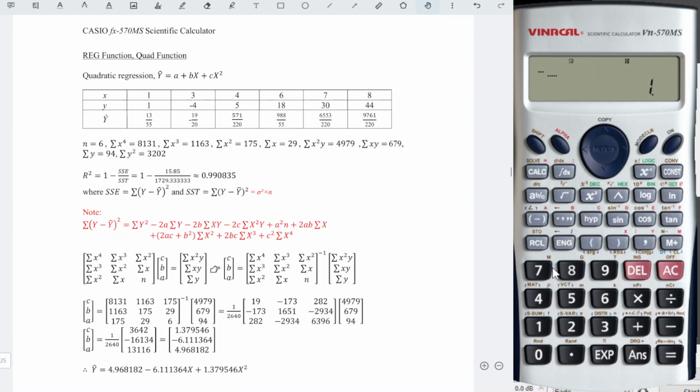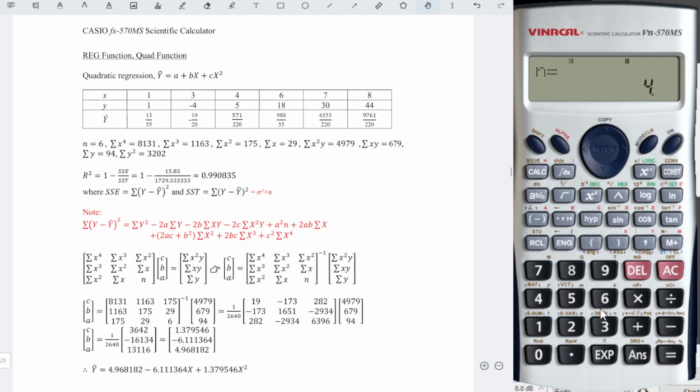Then next we have 4 minus negative 19 over 20, M plus. Next we have 5 minus 571 over 220, M plus. Next we have 18 minus 988 over 55, M plus.